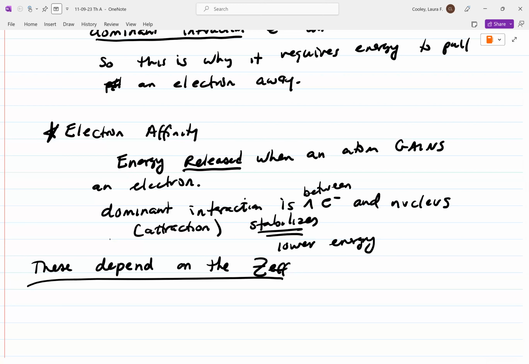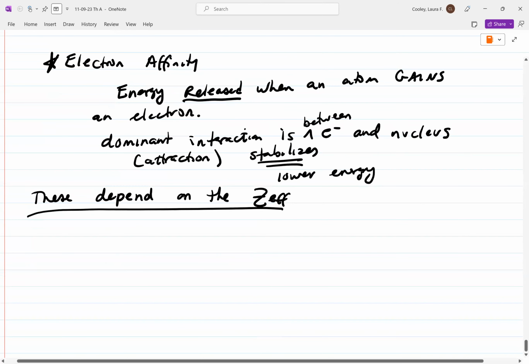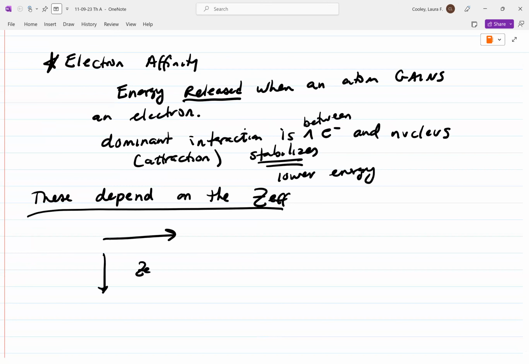So what you need to understand is what happens to the effective nuclear charge as you go across and down the periodic table. Now, understanding this is a bit of a tough question for general chemistry, but I have a way of making it pretty simple. So I'm going to explain my way. I'm going to simplify what is pretty complicated. It's not that hard.